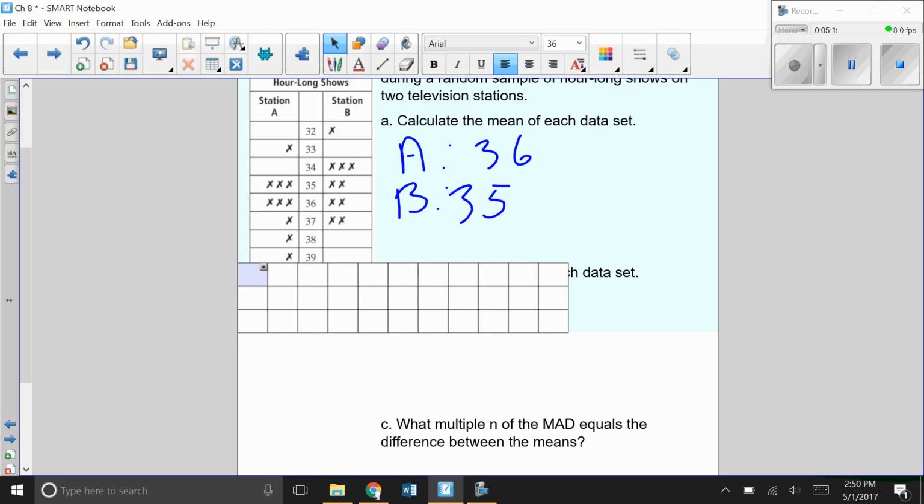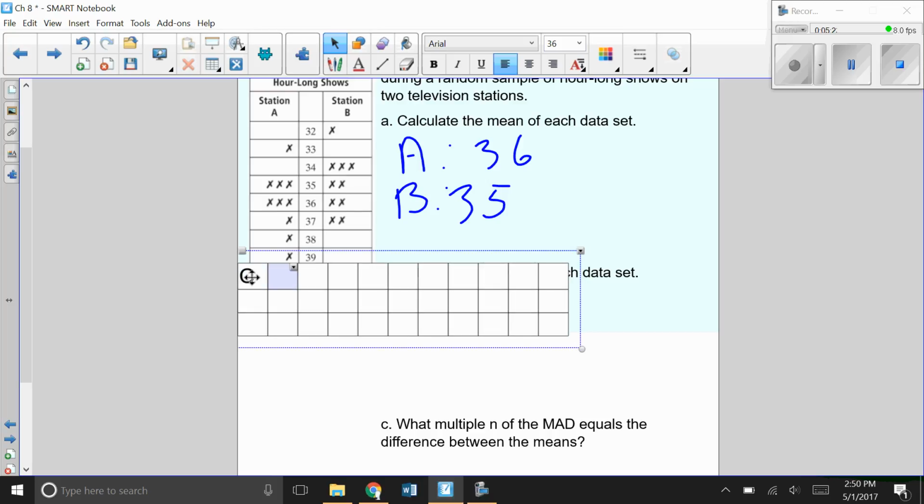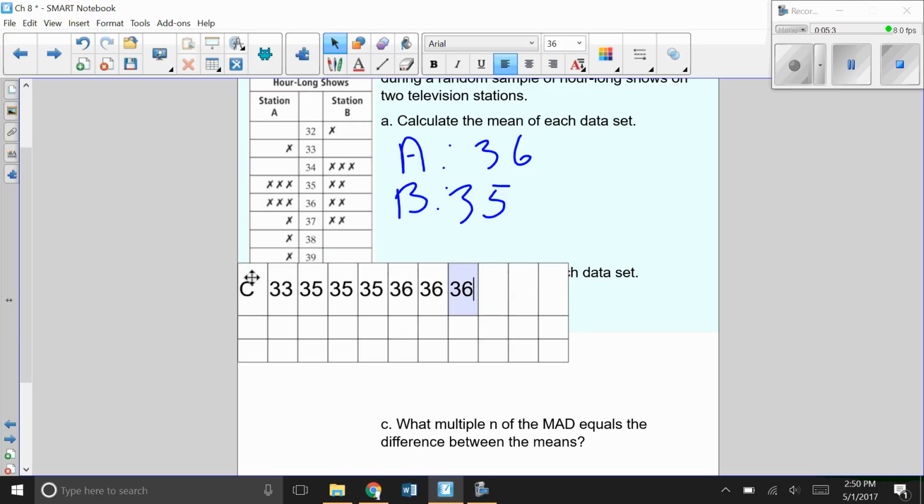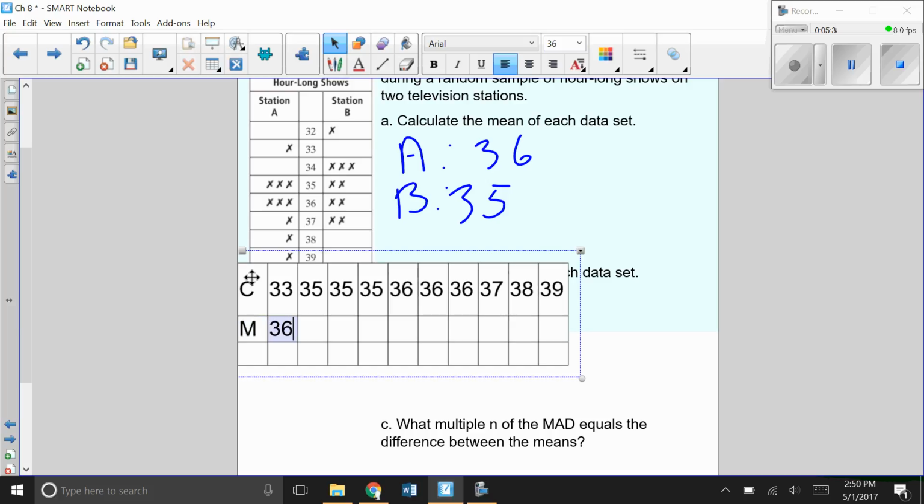So for station A, we'll have C for commercials. We've got 33, 35, 35, 35, 36, 36, 36, 37, 38, 39. Our mean goes across the middle, which is 36.